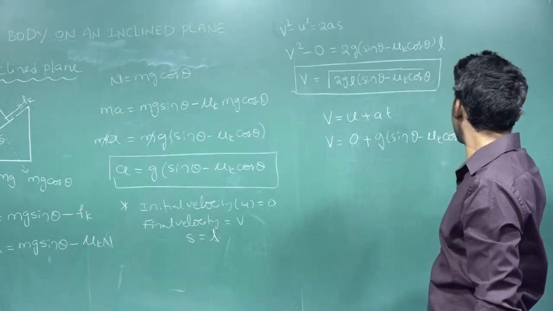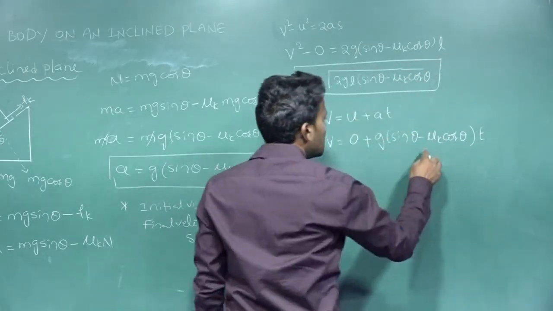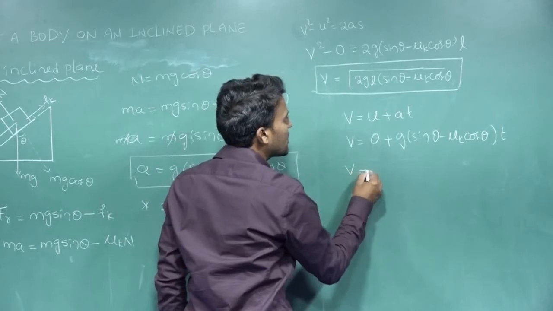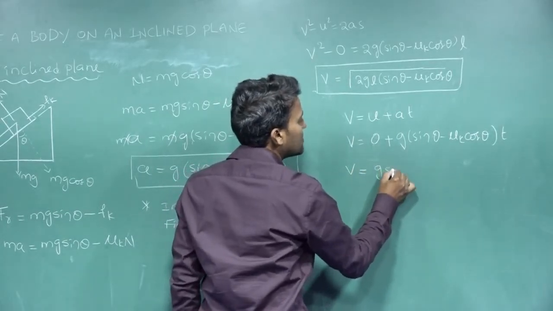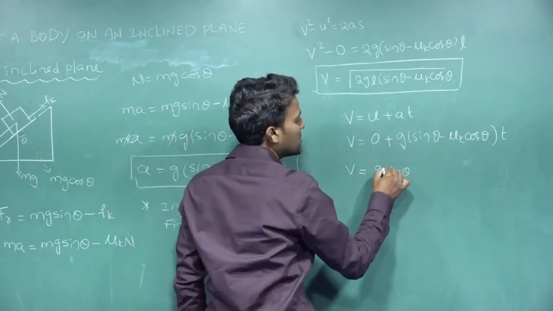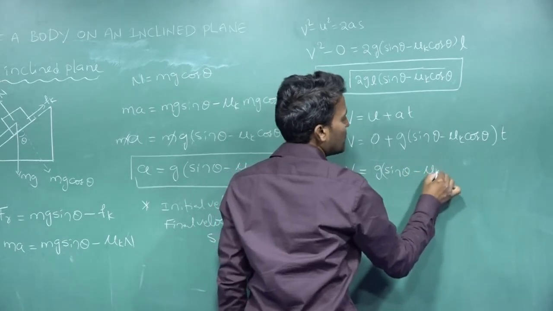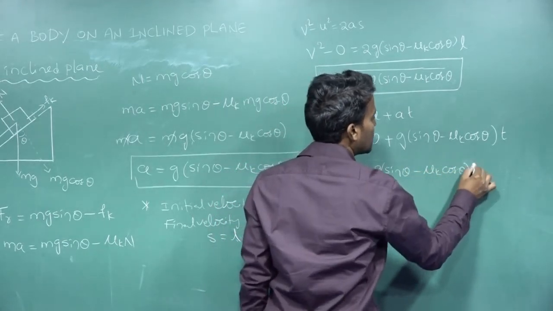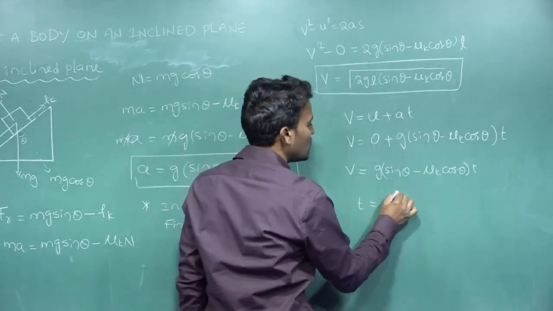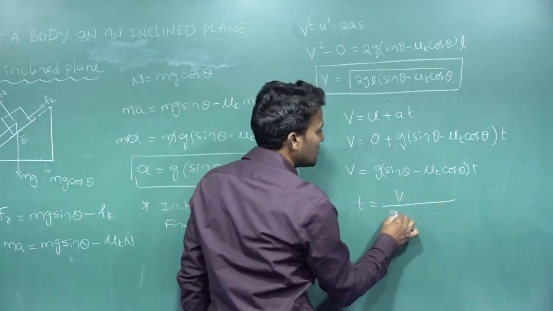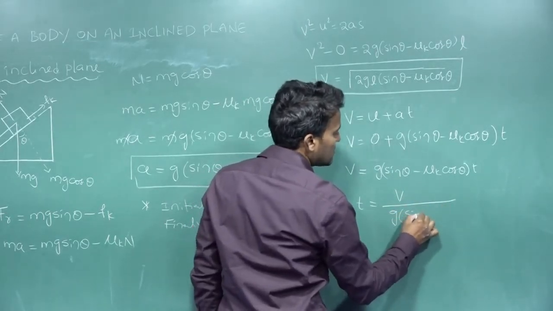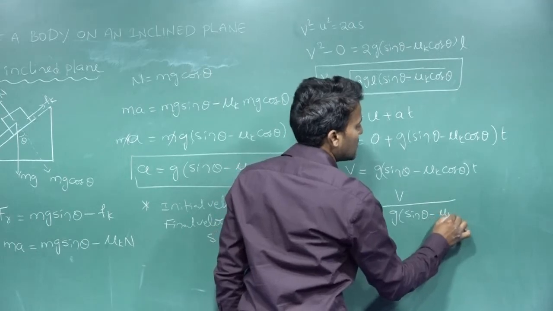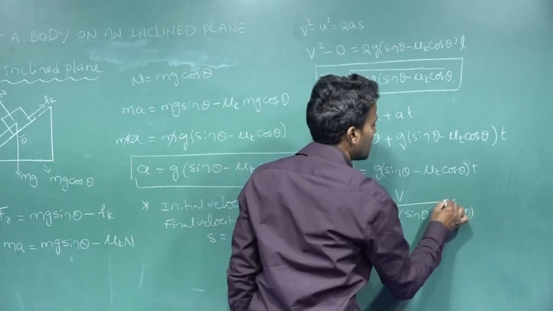Then v is equal to g sin theta minus mu k cos theta into t. Then t is equal to v divided by g sin theta minus mu k cos theta, isn't it?